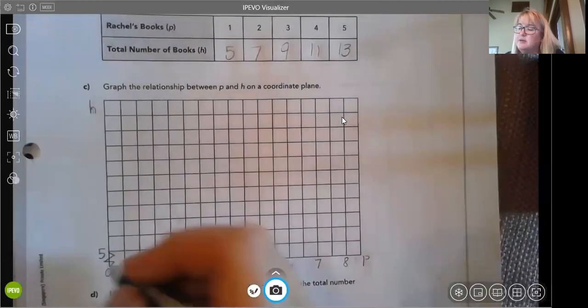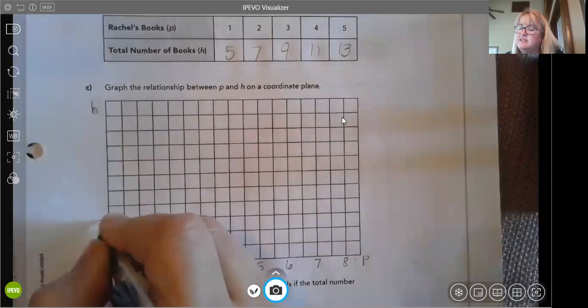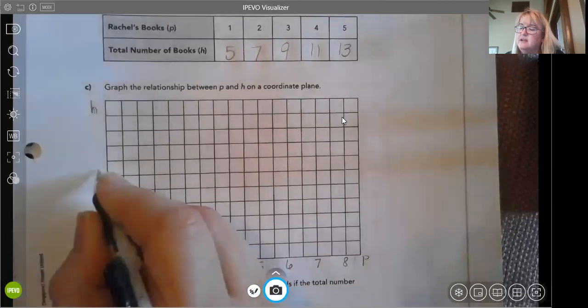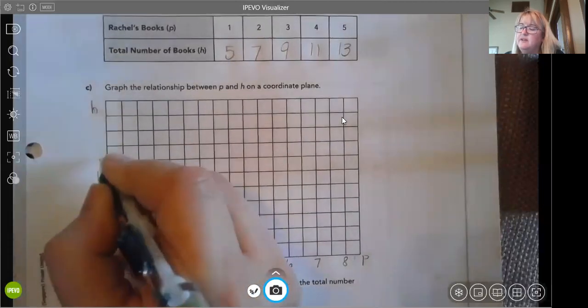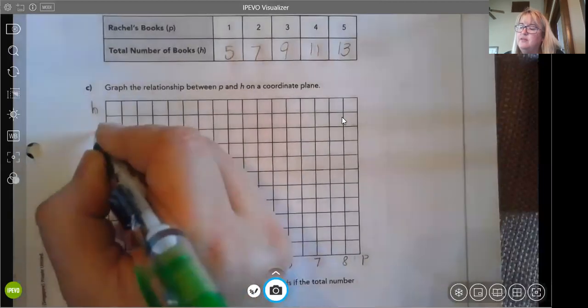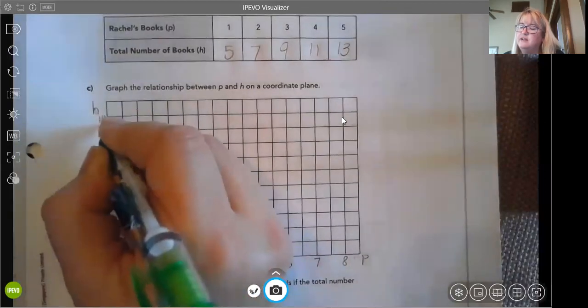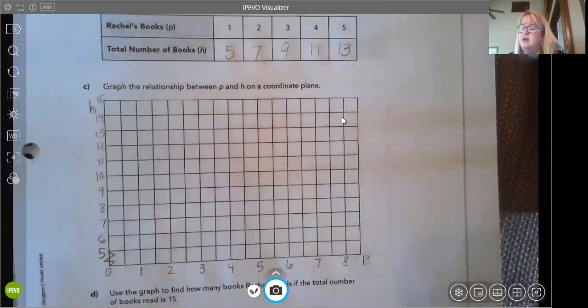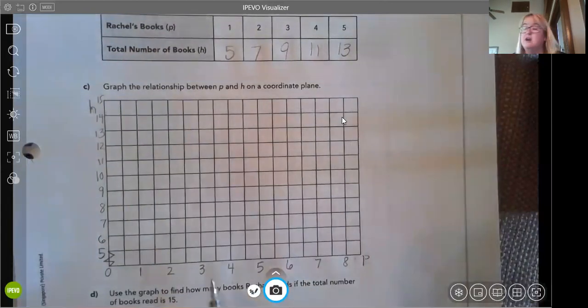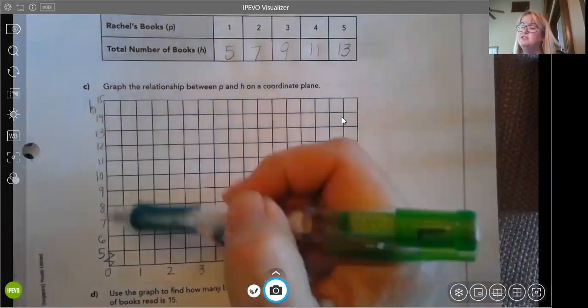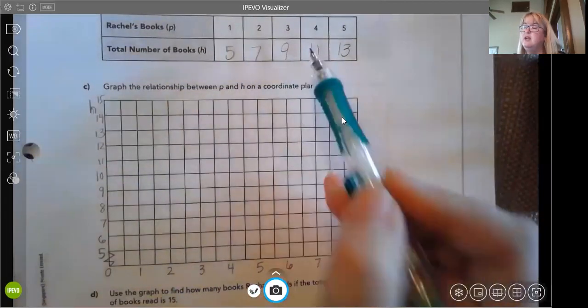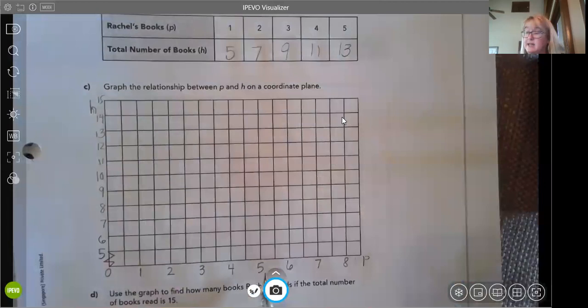All right, let's just count by ones. 5, 6, 7, 8, 9, 10, 11, 12, 13, 14, 15. Okay, so now we've got our numbers for P that we got here. We got our numbers for H that we got here. And now we need to tell what these numbers mean.